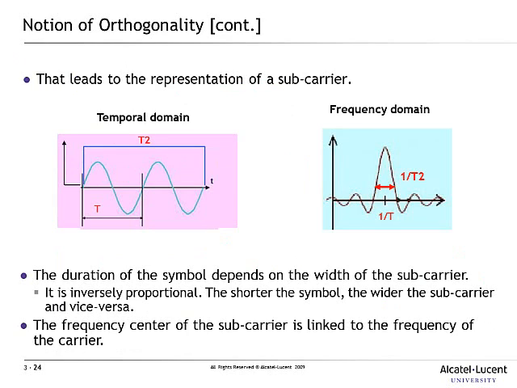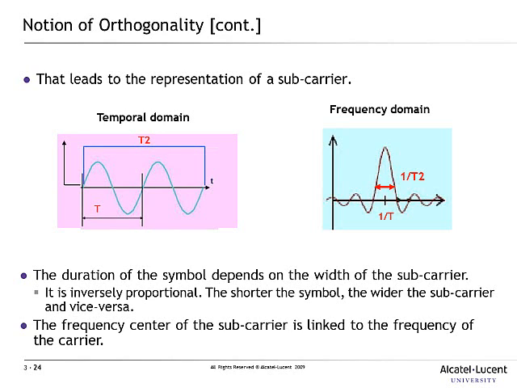A subcarrier has two properties associated with it. If you take a subcarrier, there's the period as well. There's two things here: there's T and there's T2. T2 is the duration of the sine wave, and T is the period of the sine wave.